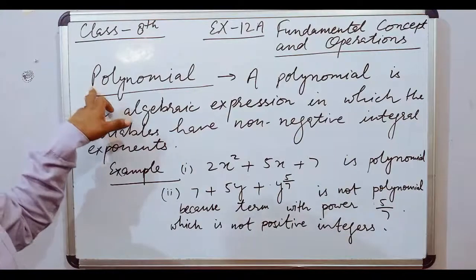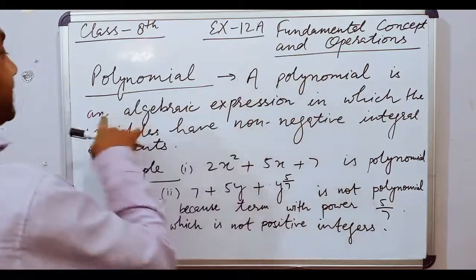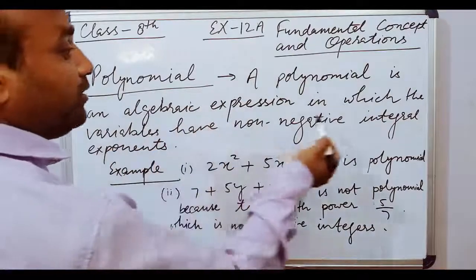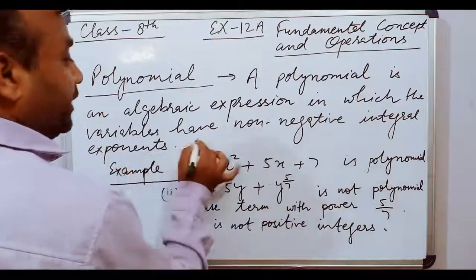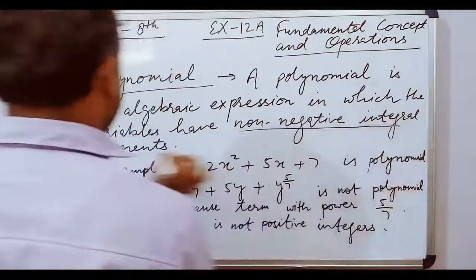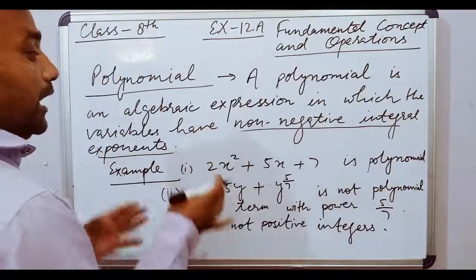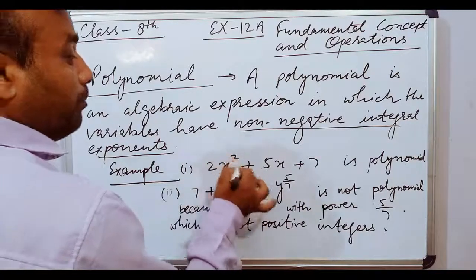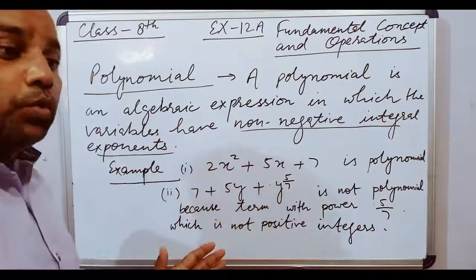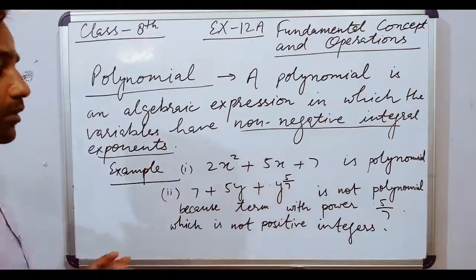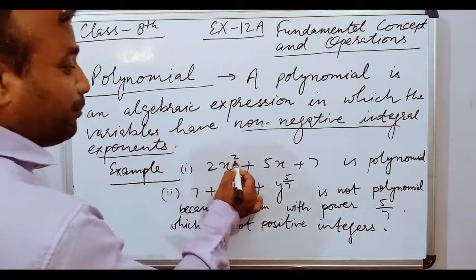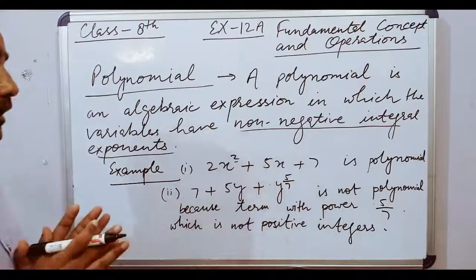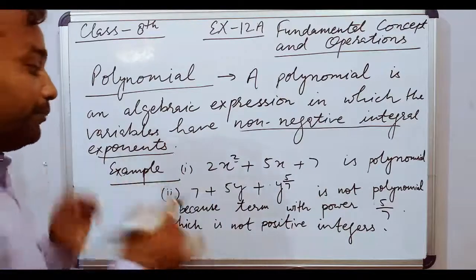Okay, now polynomial. A polynomial is an algebraic expression in which the variable has a non-negative integral exponent. Non-negative integral exponent means a variable whose power, or exponent, is a positive integer like 2, 3, 4, 6 or 7 and so on.